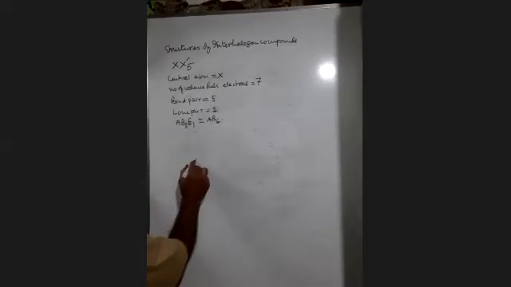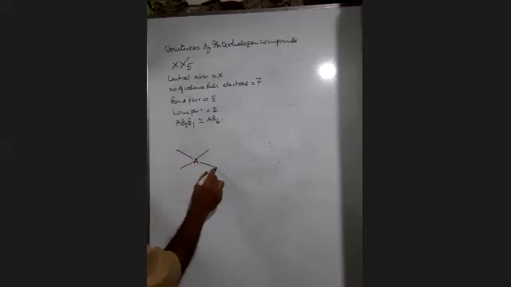AB4 is tetrahedral. AB5 is trigonal bipyramidal. And AB6 is what? It is octahedral.